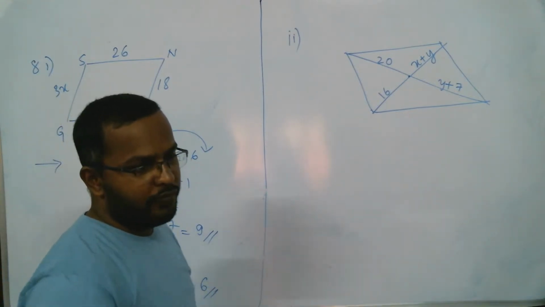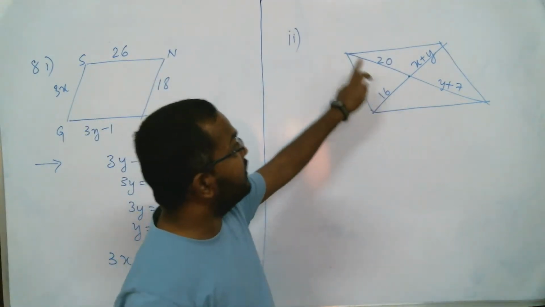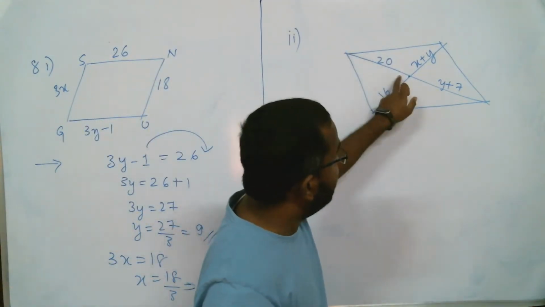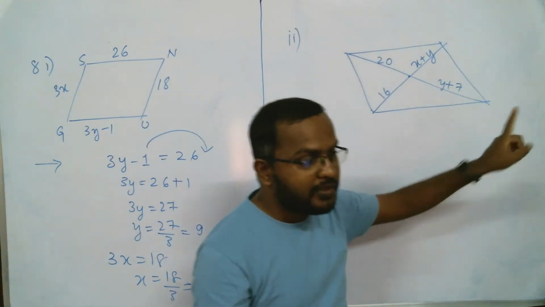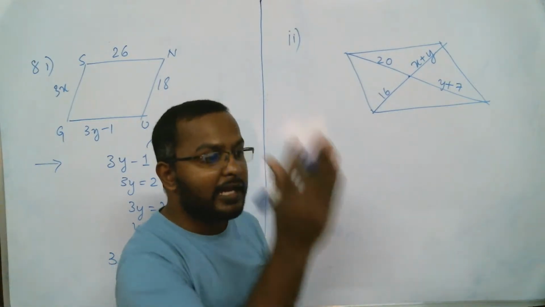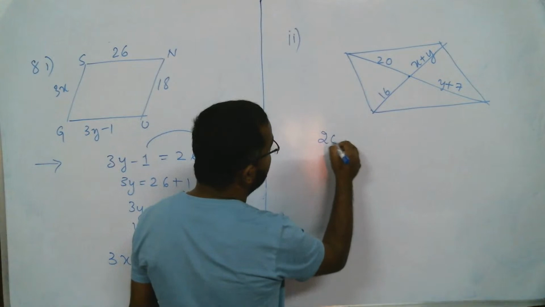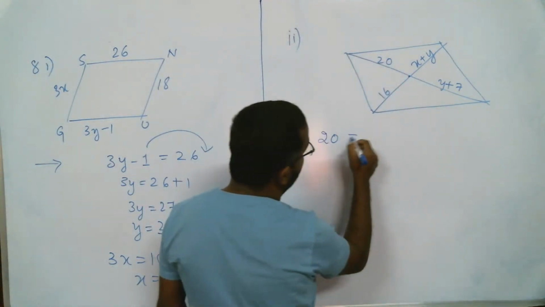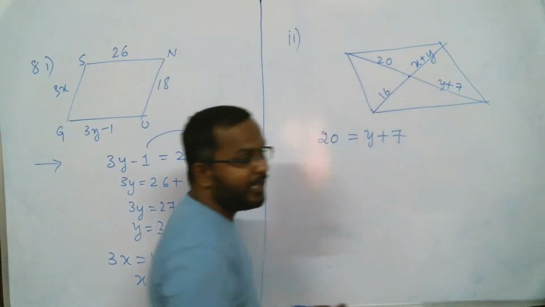So very good. Most of you have given the answer for this question. See here, diagonals bisect each other means this part is equal to this part. What is happening to the diagonals? They are cutting into two equal halves. So that means this 20 is equal to y plus 7, because these two are becoming equal.